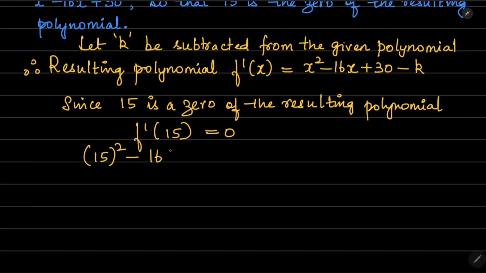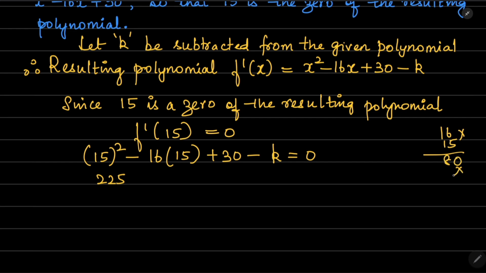So 15 square minus 16 into 15 plus 30 minus k equal to 0. 15 square is 225. What is 16 multiplied by 15? It is 240. So minus 240 plus 30 minus k equal to 0.